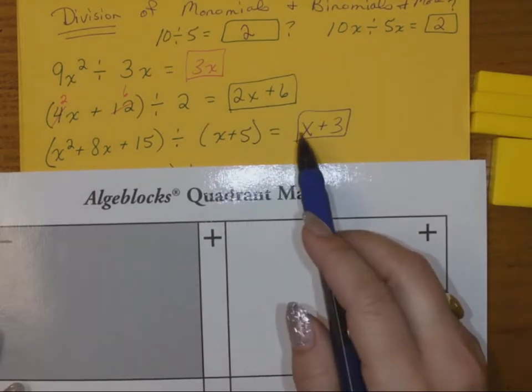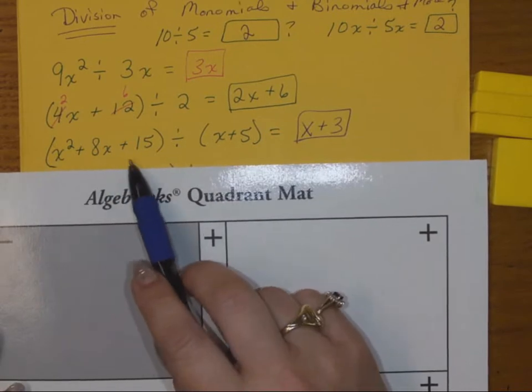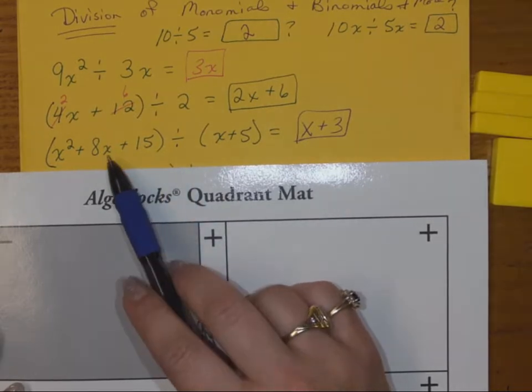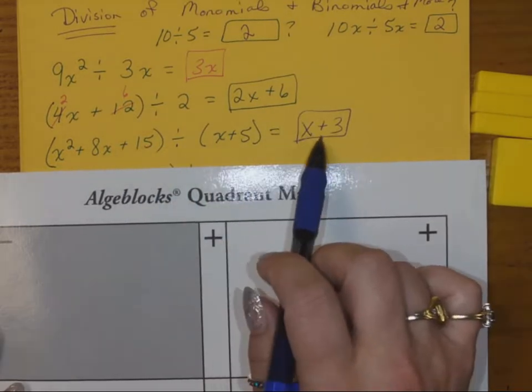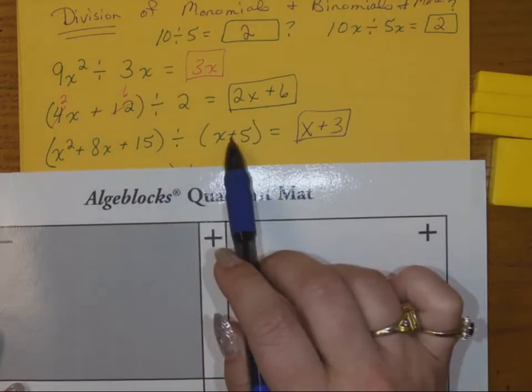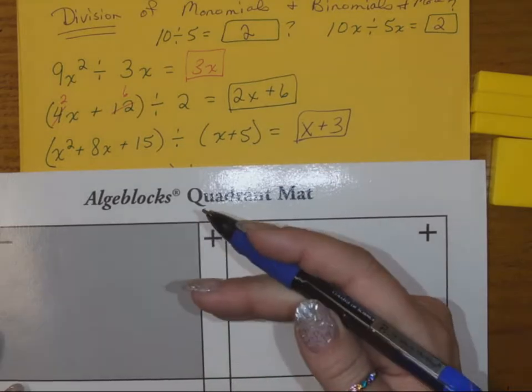So it will work out. But if you're not sure how to do that division, you would be doing long division. Or you could do synthetic division if you remember that from your college algebra class. But either way, you're doing some serious dividing here. This is a trinomial divided by a binomial. So that's why I said monomials and binomials and more, right?